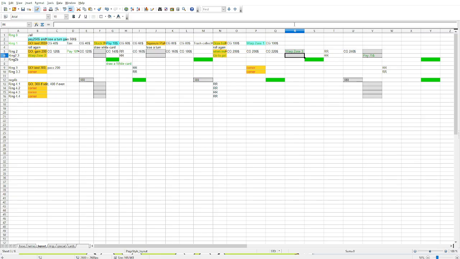Now I could swap the luxury tax space with the warp zone space. I don't really feel like it though. I mean, those are kind of sort of on the same side of the board, kind of.